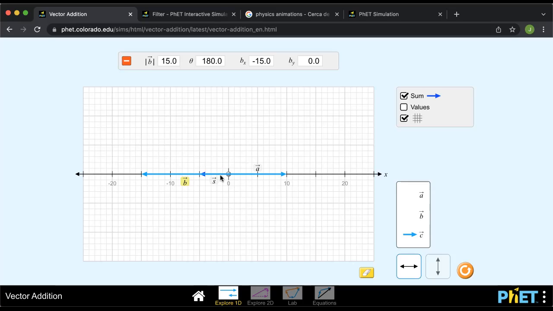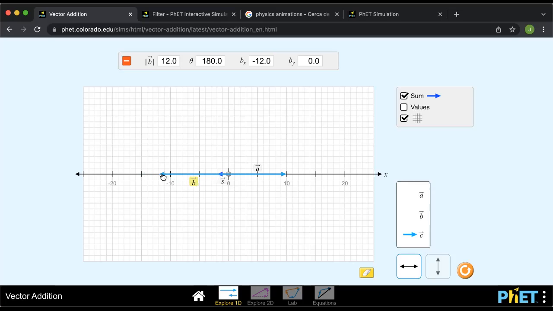Minus 5, the resultant vector. That minus represents that the vector will be to the left, or to the west, or to the x negative.